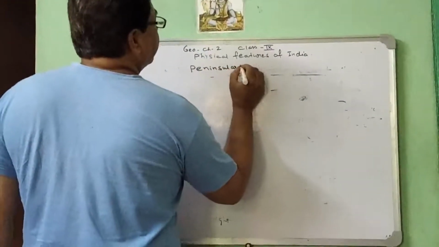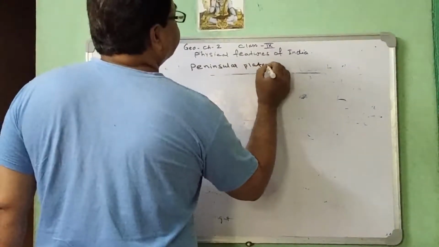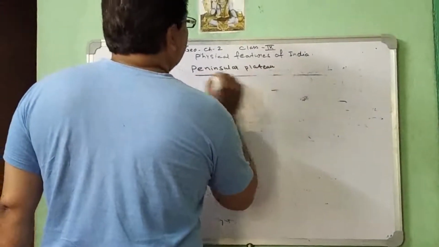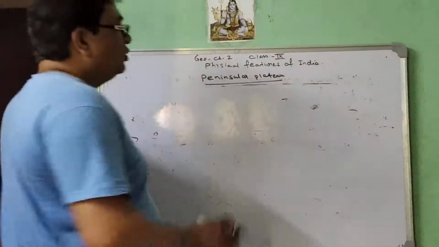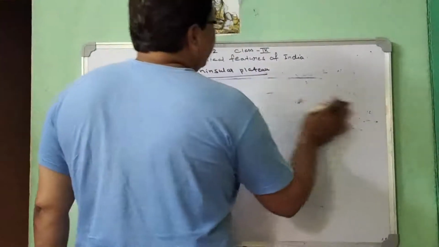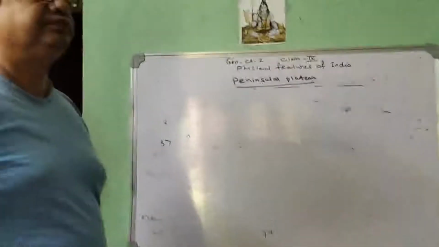Peninsular plateau, or the southern plateaus of the country. What is known as a peninsula?